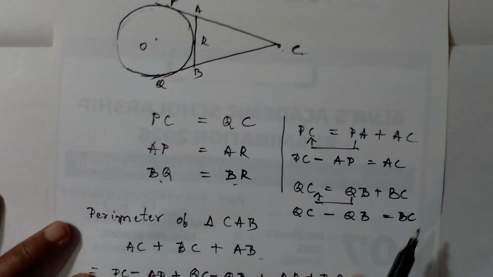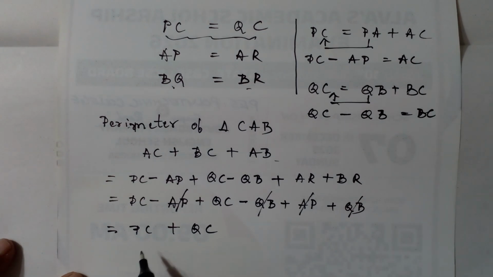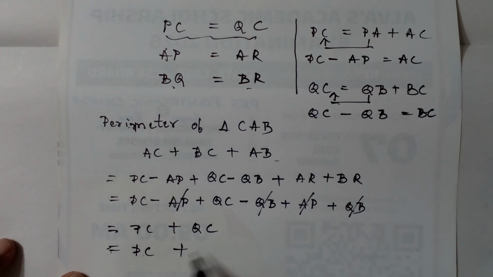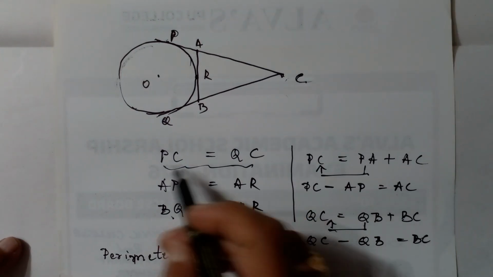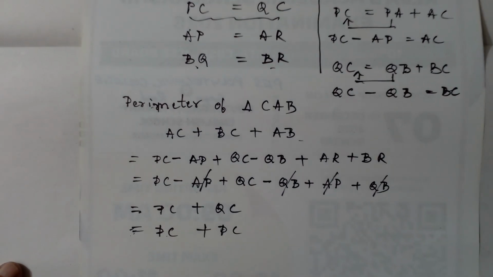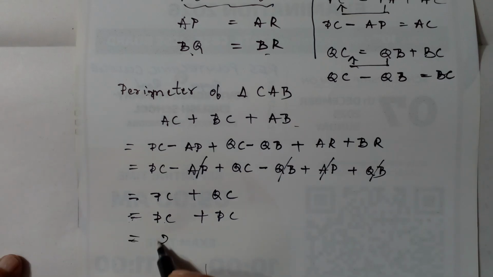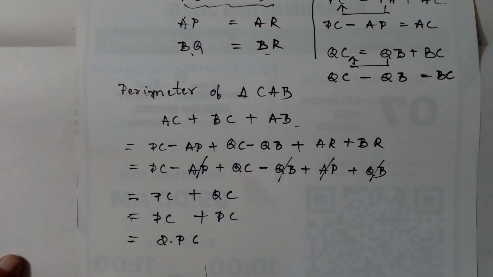Since QC is equal to PC, I substitute PC in place of QC. These two are like terms and you may add them, so 1 PC plus 1 PC becomes 2 times PC.